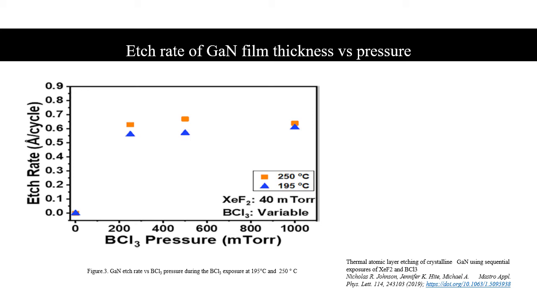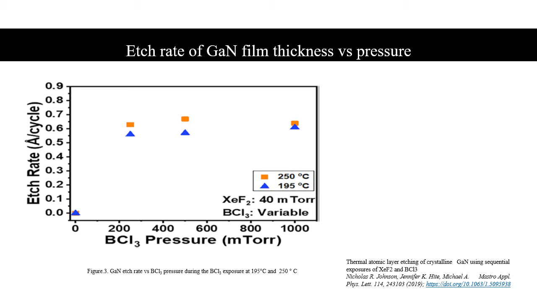If boron trichloride converts gallium nitride to boron nitride, then the etch rate should increase with the boron trichloride pressure. But this figure reveals that the gallium nitride etch rate does not increase with boron trichloride pressure. The boron trichloride pressures of 250, 500 and 1000 millitorr were held statically for 5 seconds, and xenon difluoride pressure was maintained at 40 millitorr for 20 seconds.